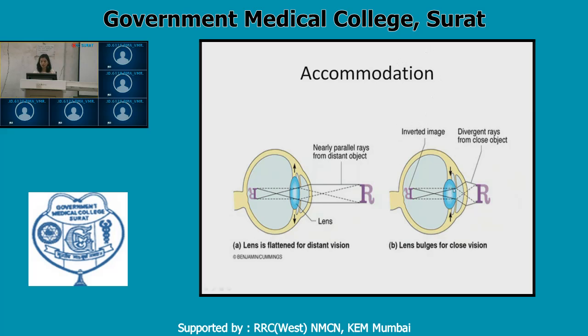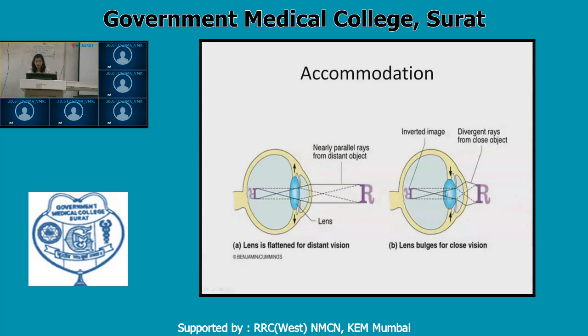You can see the curvature of the lens in these two figures, and this is the main change. That is the importance of this lens: it increases or decreases its curvature as per the distance of the object from the eye. If the distance is far, the ciliary muscles will be relaxed, the zonules will be tight, and the lens will have lesser curvature.